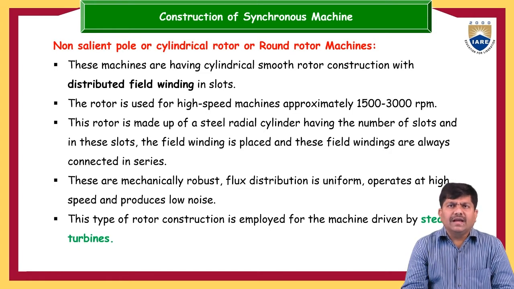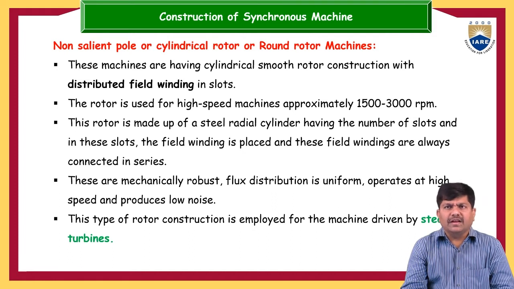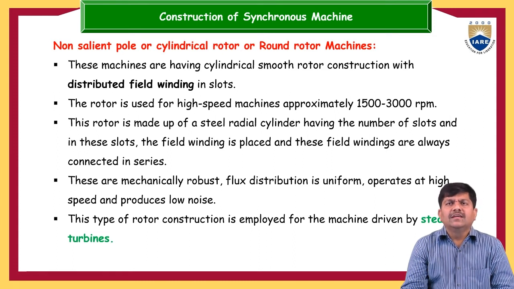It operates at high speeds and produces very low noise, because there are no projecting poles, so there is no hissing noise. Very calmly the alternator will run. That is the cylindrical type rotor. It is especially and highly used in thermal power plants, that is, with steam turbines.